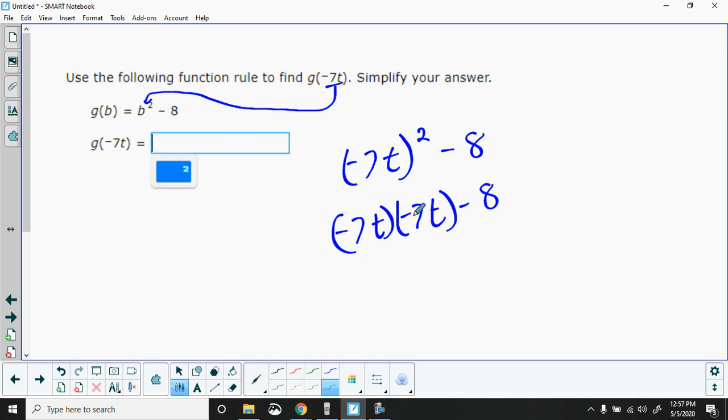Negative 7 times negative 7 is a positive 49. T times t is t squared. Remember, it's like imaginary little ones right here, and you add exponents when you multiply. And then minus 8. Again, these are not like terms, and this is as simplified as it gets. So put it in there.